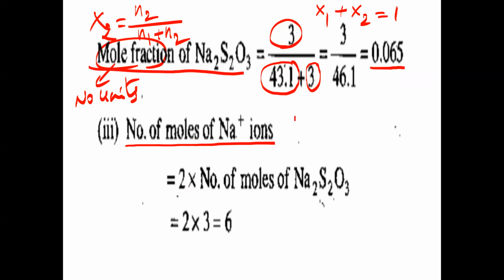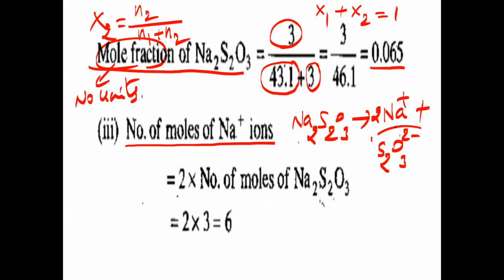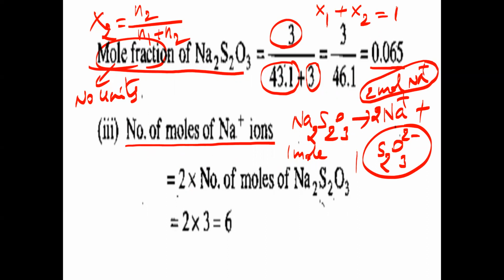Here, 1 Na2S2O3 dissociates into 2 Na plus ions and 1 S2O3 minus 2 ion. So 1 mole of Na2S2O3 can give 2 moles of Na plus.